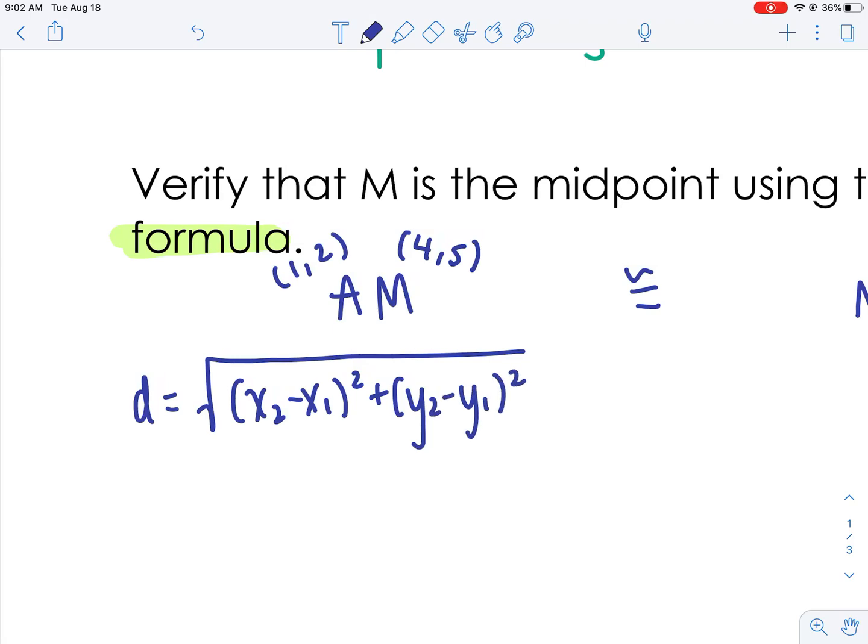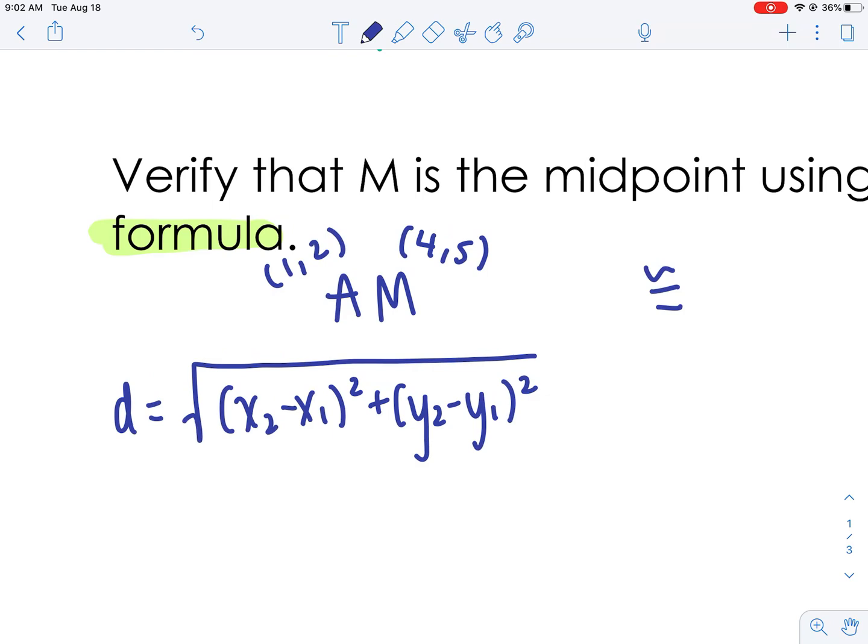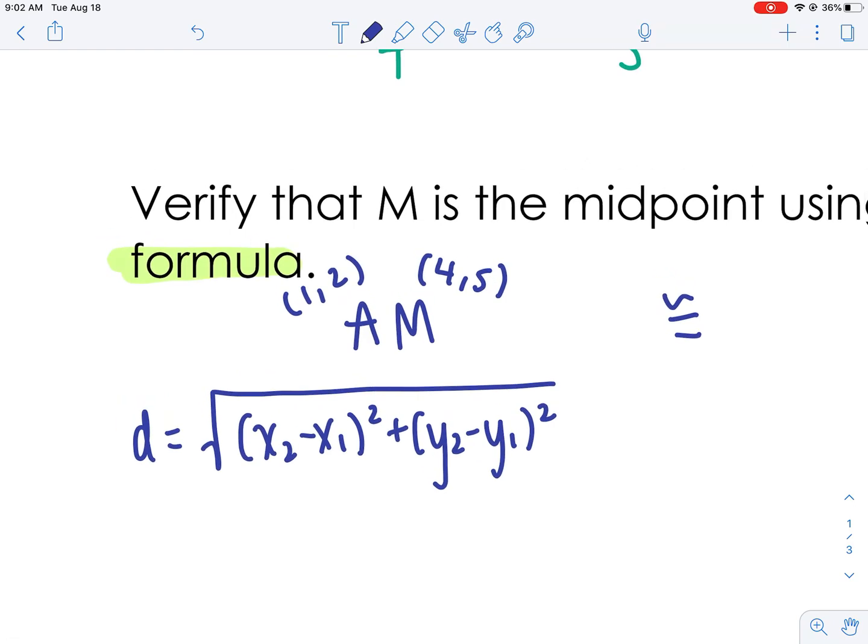If you have not already, I highly, highly encourage you to write down the formulas. They'll pop back up, but here's the distance one right here. From here, I just need to label my points, and it doesn't matter which one is which. I'm going to label my first point as x1, y1, and my second point as x2, y2.